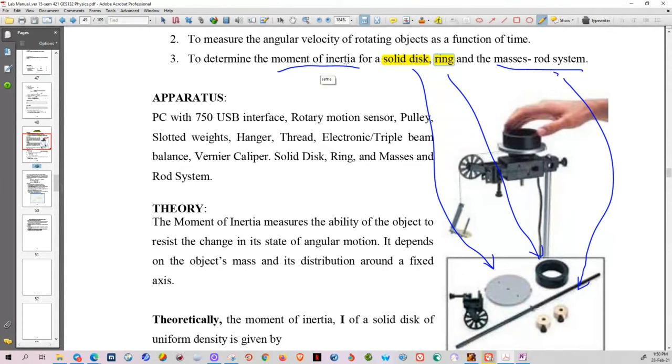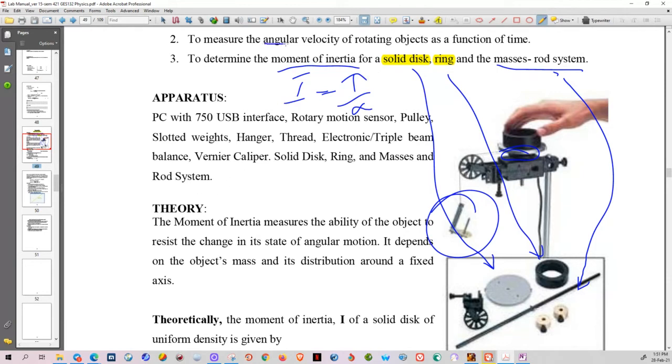So how do we find the moment of inertia in each of the shapes? By experiment, the moment of inertia is simply equal to torque, the force that's applied by this object, remember that, multiplied by the radius of the pulley here, over angular acceleration, alpha. What is angular acceleration?